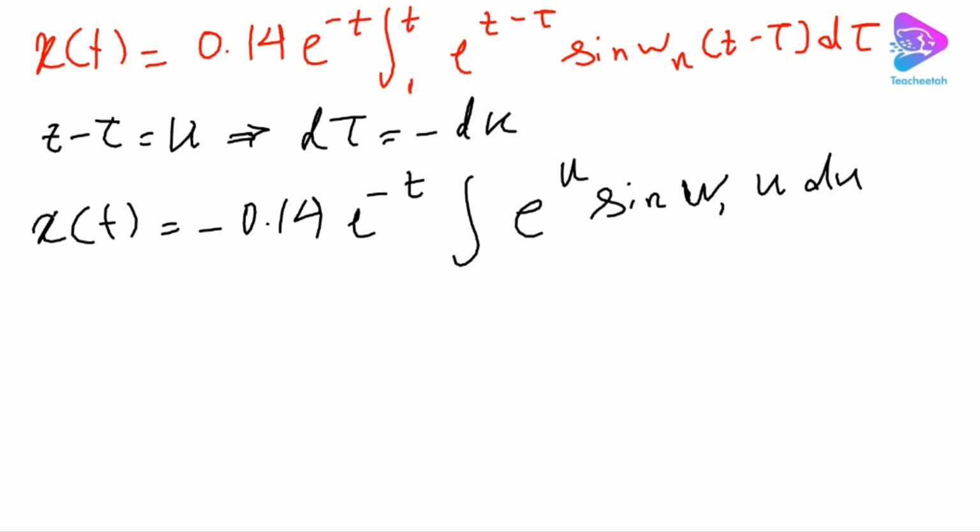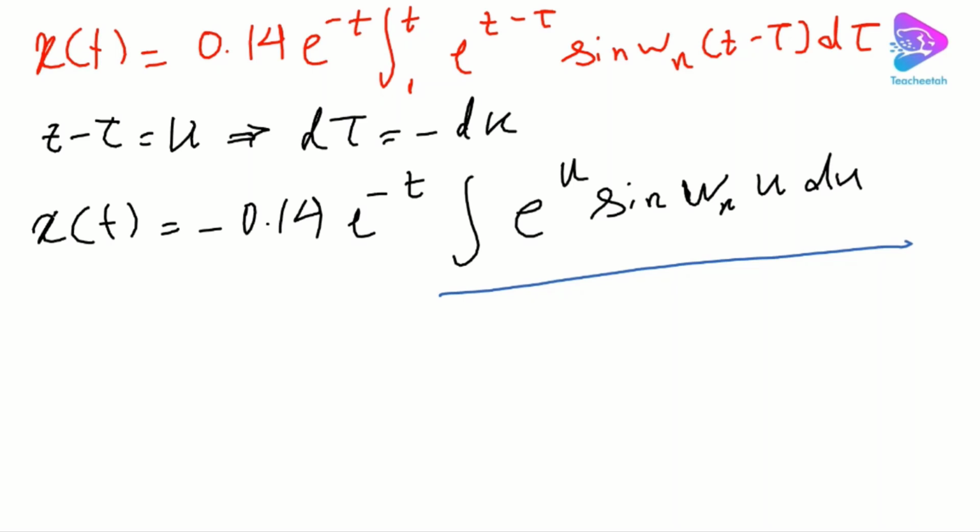So this is what we end up with now. In the future, we switch back u to τ, and then we can use the upper bound and lower bound, right? So this is a famous integral, and you can find the solution for this integral.